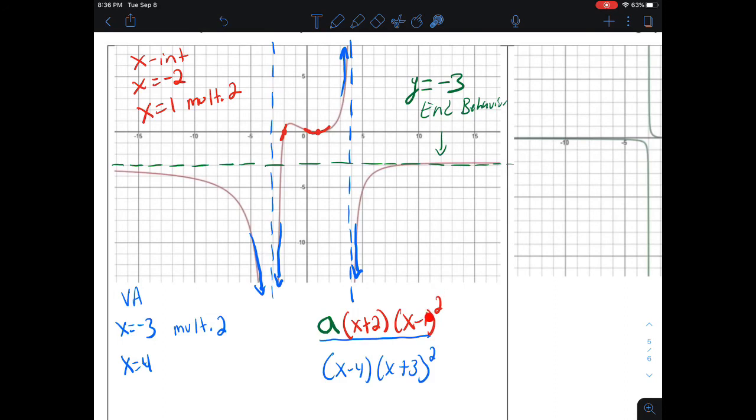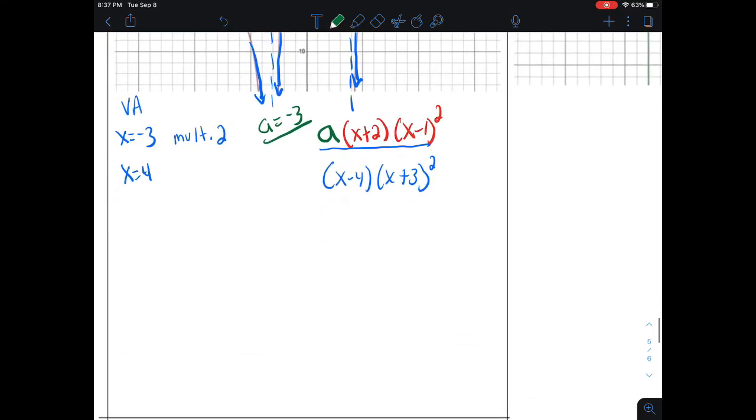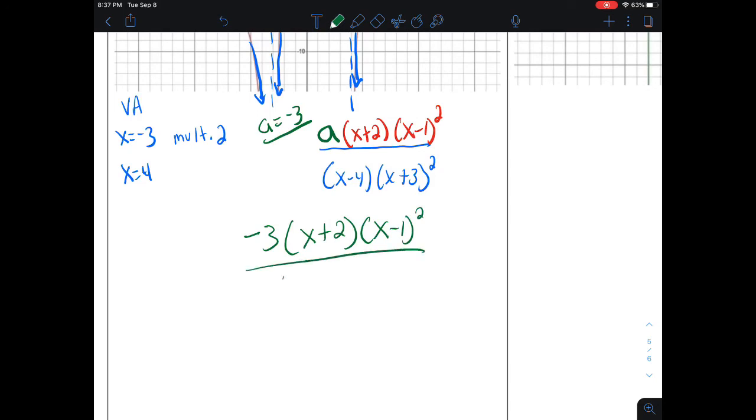Well, I have degree 2 and degree 1, that makes degree 3 in my numerator, and x squared and x make a degree 3 in my denominator, which means that for this problem, a is equal to -3. So I use the end behavior to get my stretch or shrink. So for this graph, our equation would be -3 times x plus 2 times x minus 1 squared, over x minus 4 times x plus 3 squared.